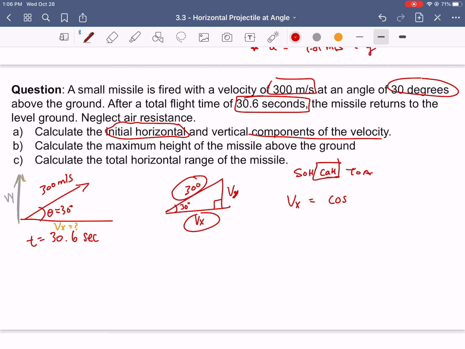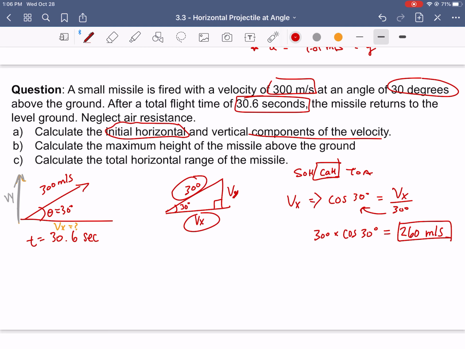Cosine of 30 degrees is equal to Vx over 300. To get Vx by itself, I move the 300 to the other side, so it becomes 300 times cosine of 30 degrees. If you plug this into your calculator, it comes out to 260 meters per second. So that's your Vx.